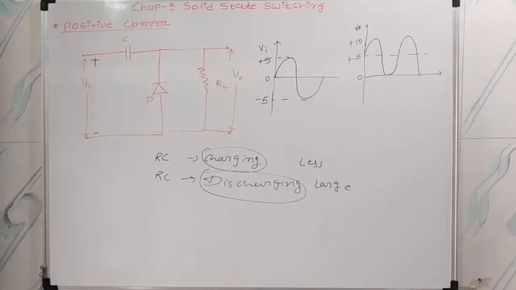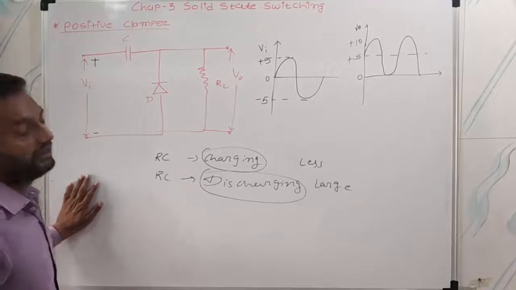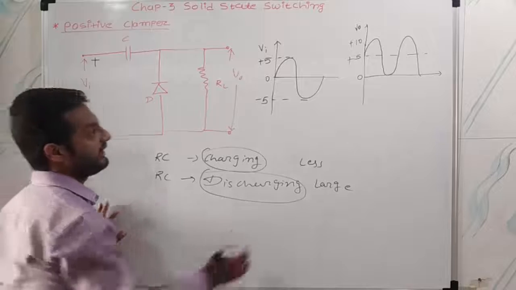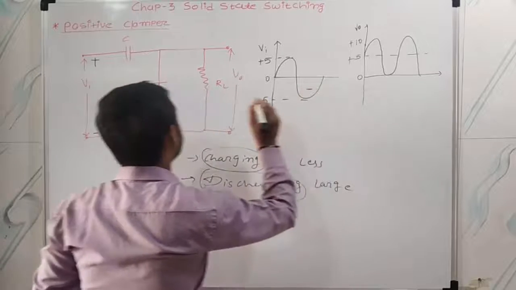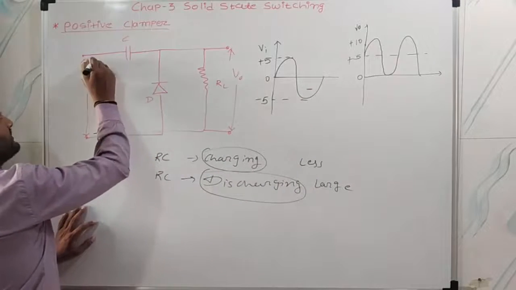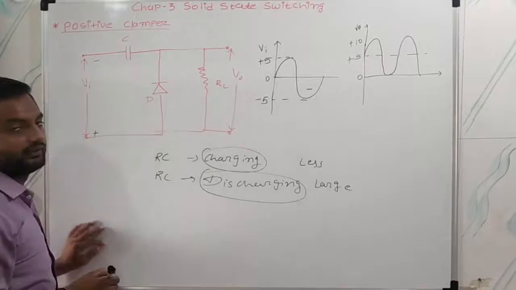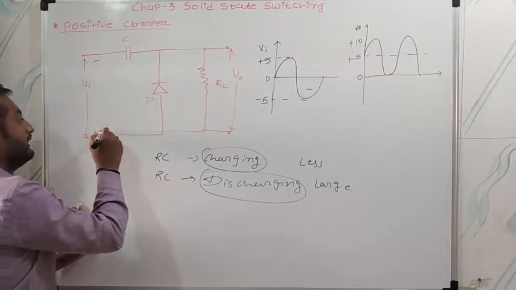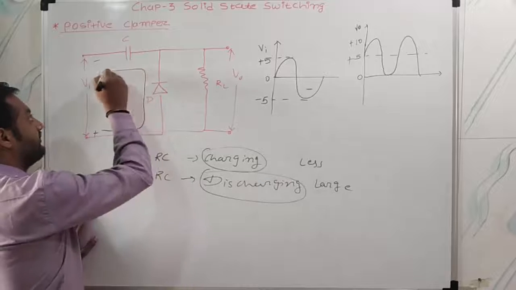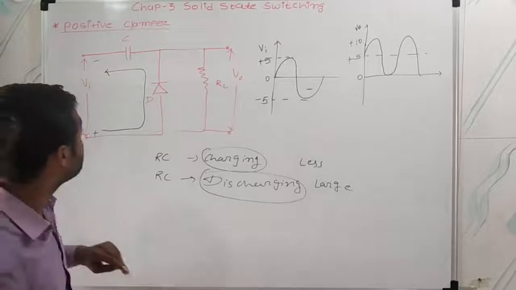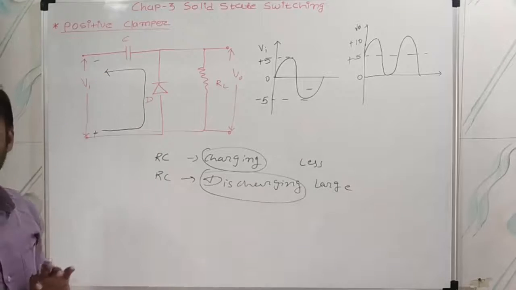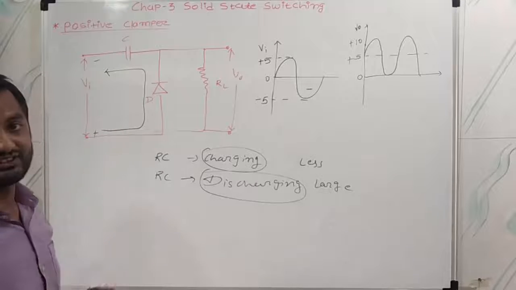Okay, let's see. First we are just taking the negative cycle. Suppose this one is negative and this one is positive. What will happen? Current will flow like this, because the diode D is in forward bias condition at this time.